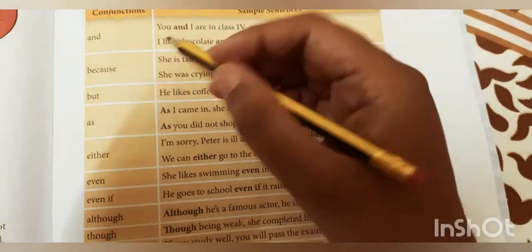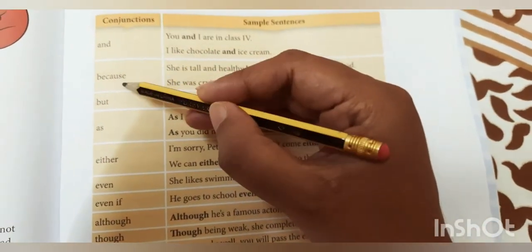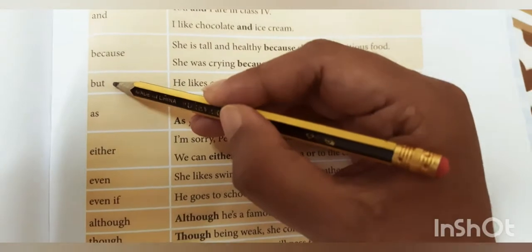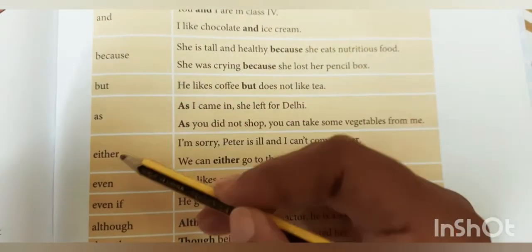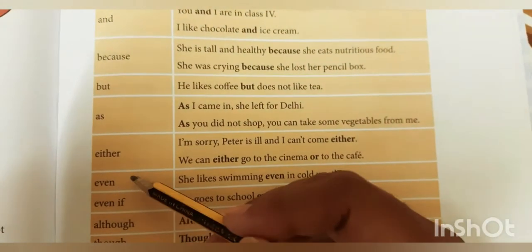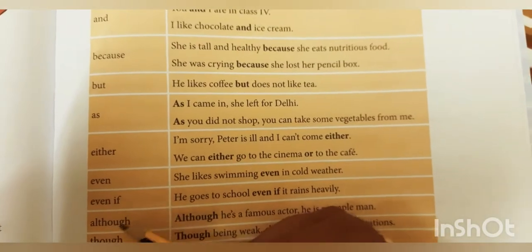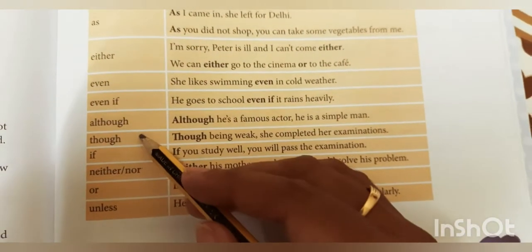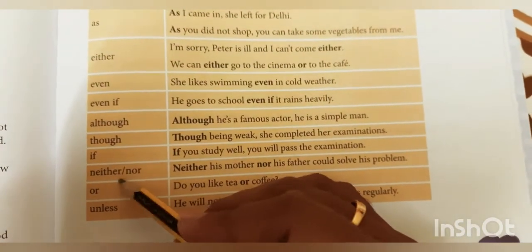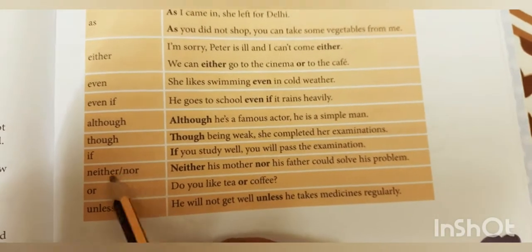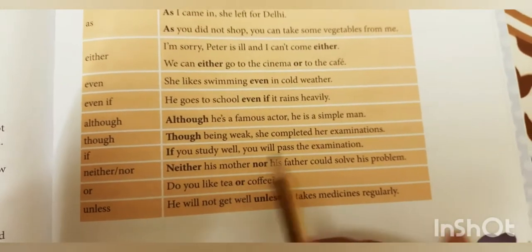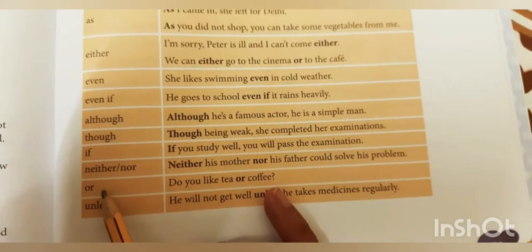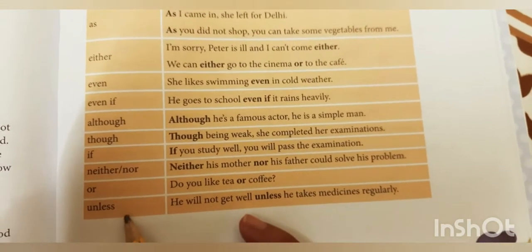And, because, but, as, either, even if, although, though, if, neither, nor. Both of these you should use together. Okay, children. And then or, unless.